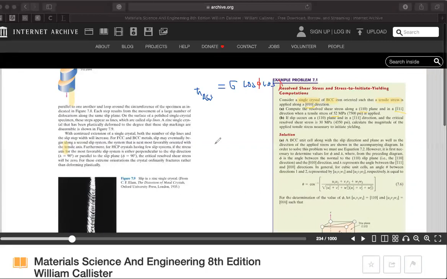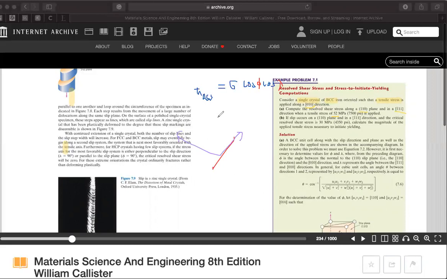What is phi? What is lambda? If this is the plane, this is the normal to the plane, and this is the slip direction, and this is the direction of the applied stress.